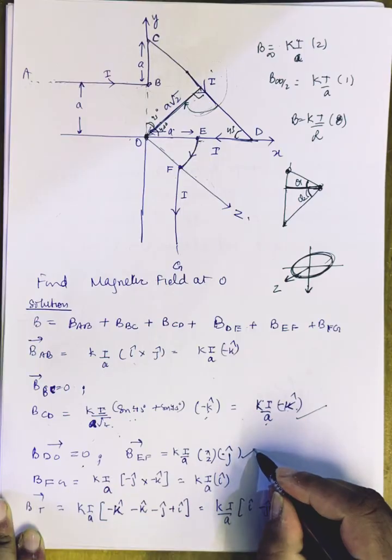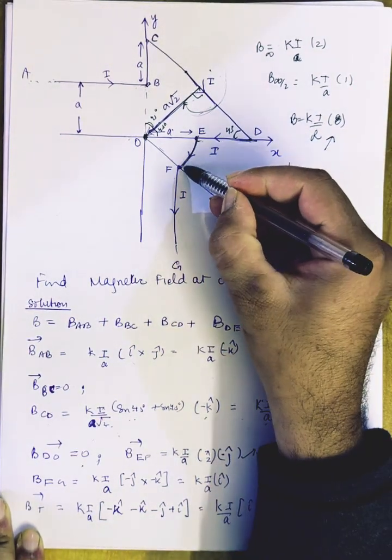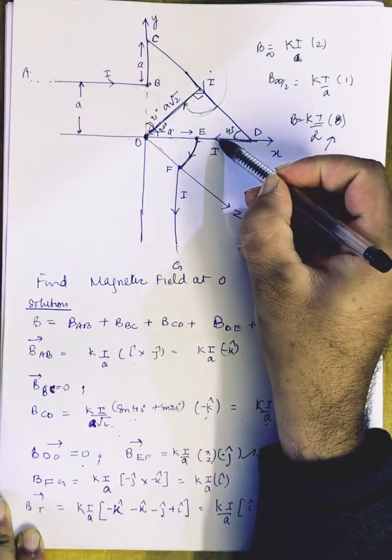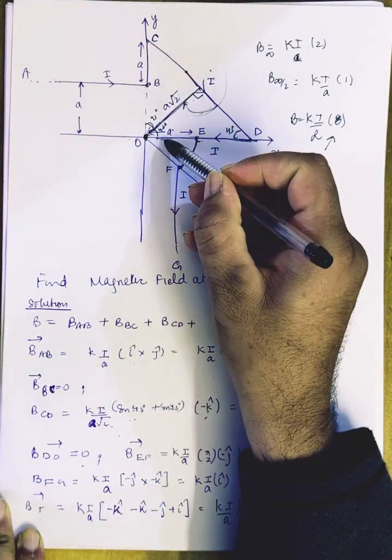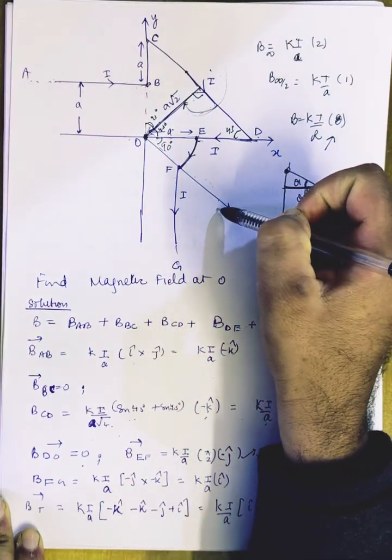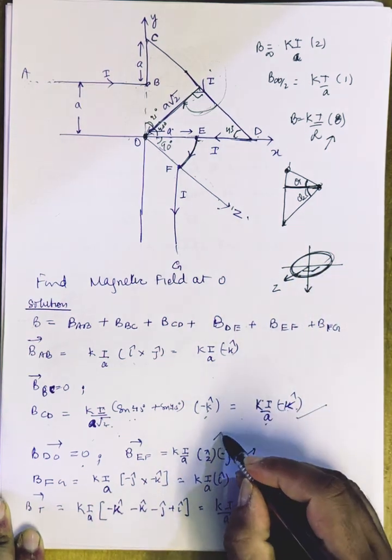So I've taken minus j, and I've taken the formula for the curve also: Ki by the radius, which is a, given in the question. And since from the x-axis to the z-axis the angle is 90, it doesn't look like 90, but if you look closely, obviously from x to z, if you rotate, you will go through a 90-degree angle like this. So I've taken 90.